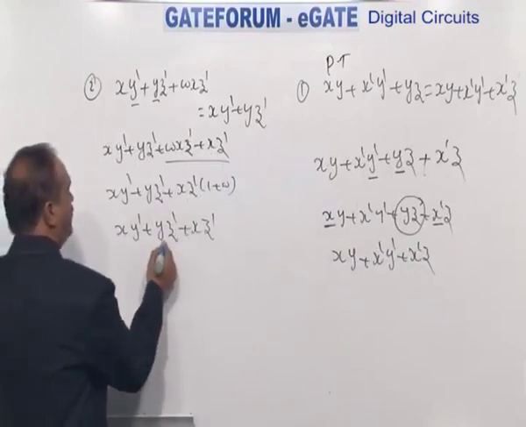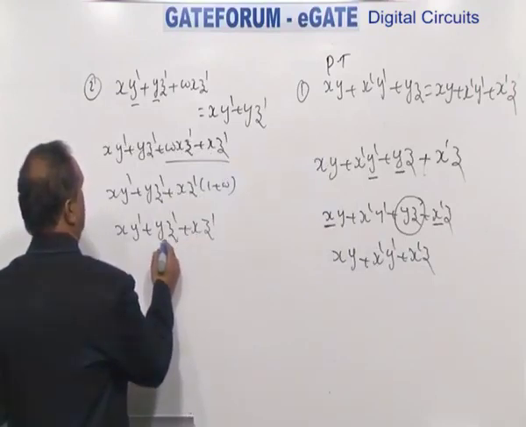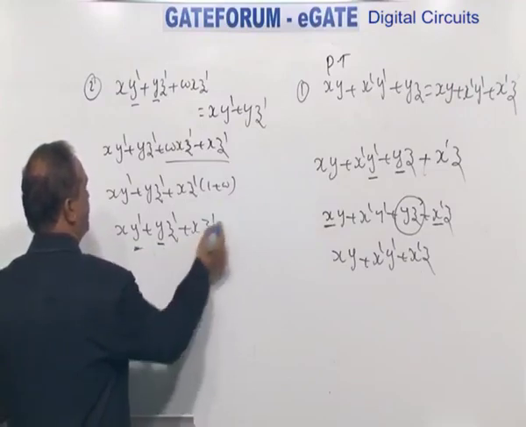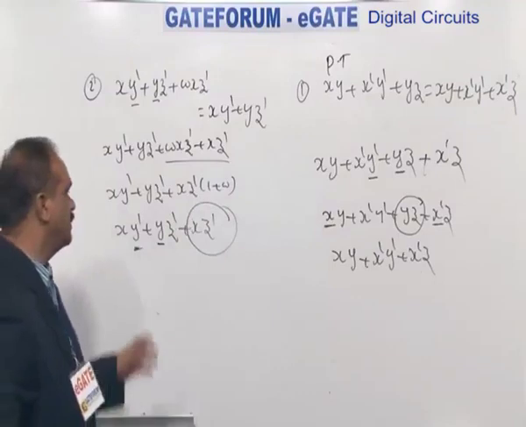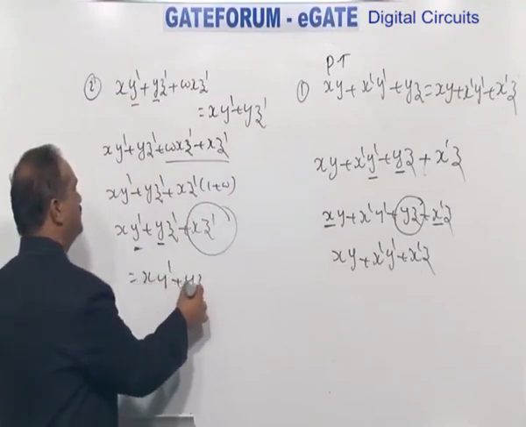So here again you apply the consensus theorem. If you apply the consensus to y and y bar, you can eliminate the product term xz bar. If xz bar can be eliminated, then you will get xy bar plus yz bar.